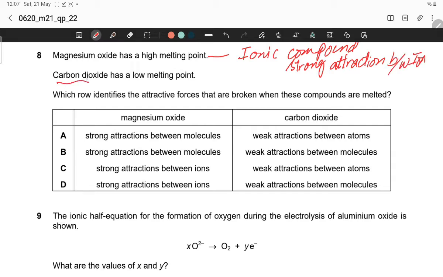Carbon dioxide is a simple molecule, and weaker attraction between the molecules.